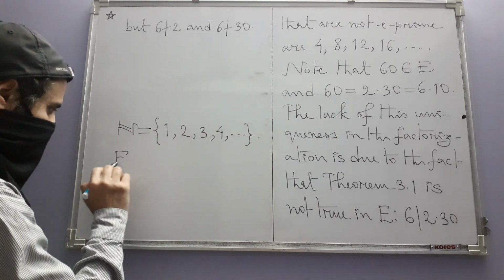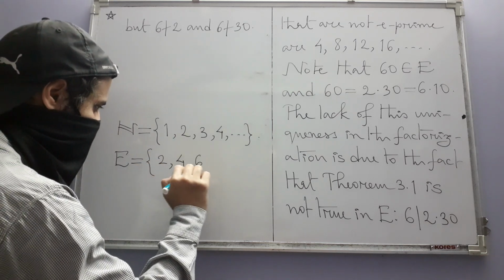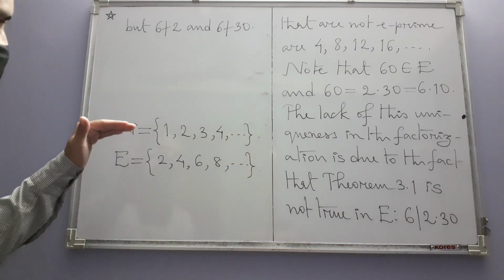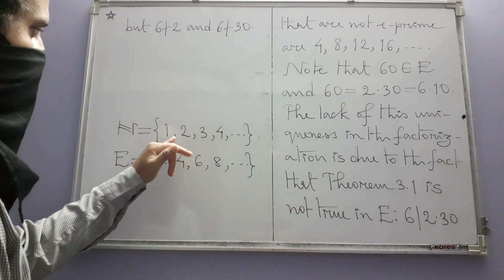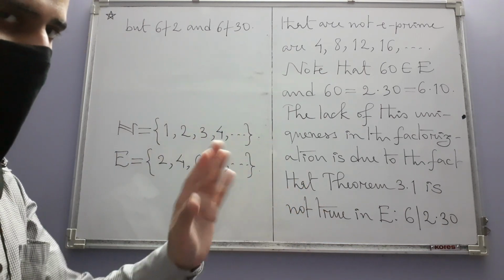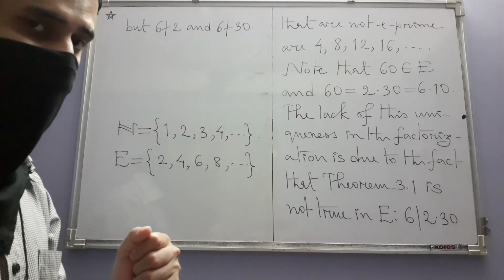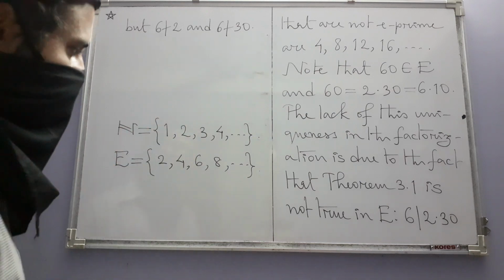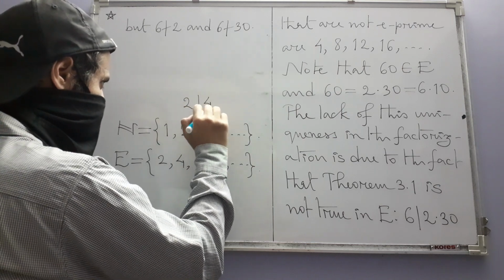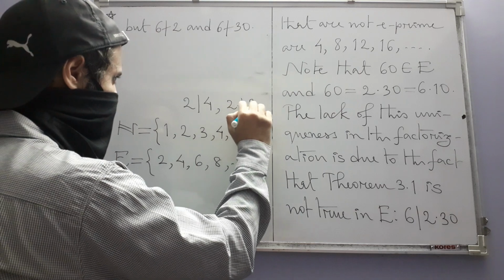On the other hand, here we have the set E. Now, when do we say that an ordinary positive integer divides another ordinary positive integer? When do we say this? For example, 2 divides 4, but 2 does not divide 3.